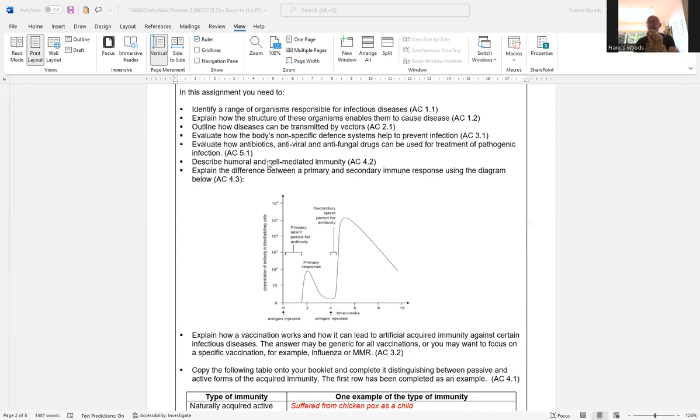Similarly, antiviral drugs don't work with bacterial or fungal because, again, they are structurally different. And we have to point that out in your booklet.